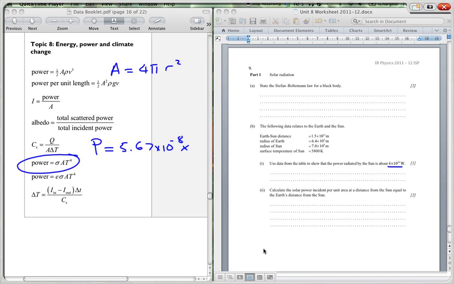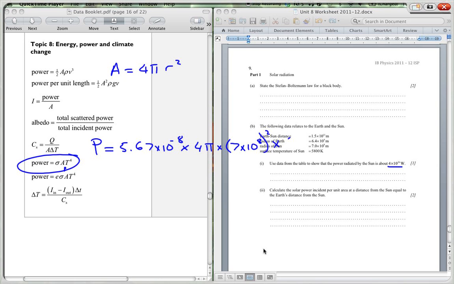So it's going to be times 4 pi times the radius of the Sun, which is 7 times 10 to the 8, and we're going to square that, and then we're going to multiply it by this temperature. Now this temperature is always in Kelvin. Now we're given our value in Kelvin, but if we'd been given it in Celsius, we would need to have added 273 to that.